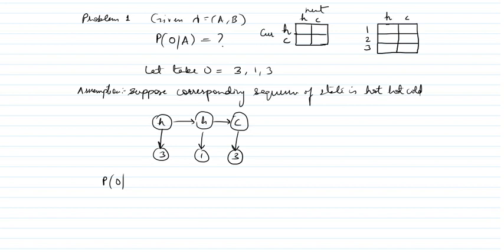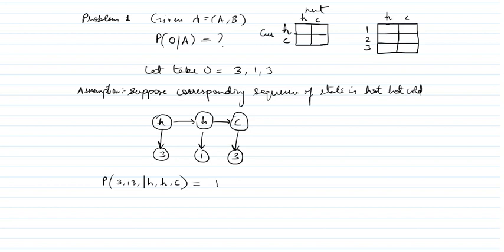So we will write P of 3 1 3 given H C. So that is equal to, initially again we can just multiply these probabilities, right?